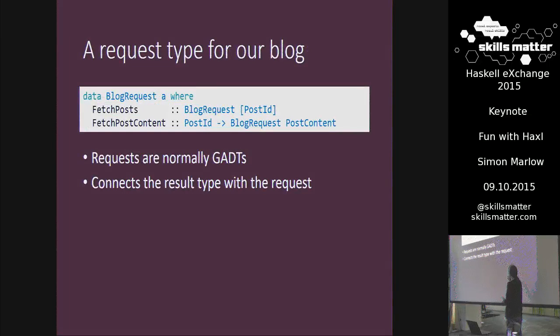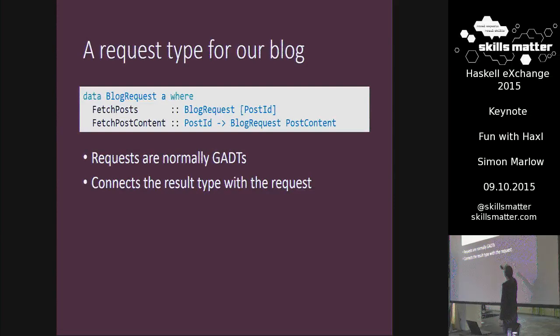So here's an example for our blog of the kind of request data type that you would have to define. It's a GADT. I've called it BlogRequest, and BlogRequest is parameterized by the type of the result. And each of the different requests in this type returns a different result.